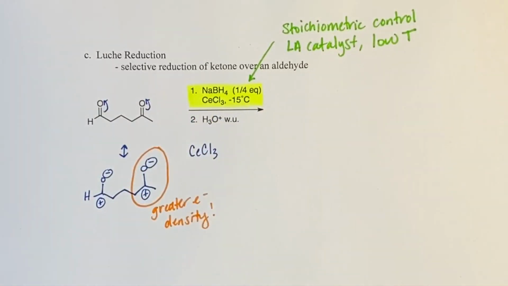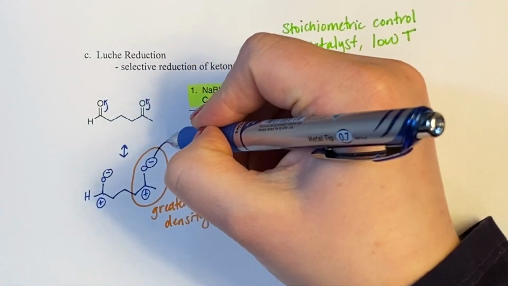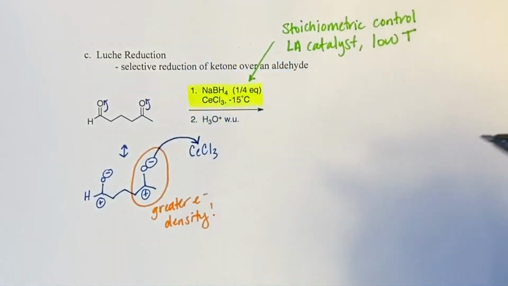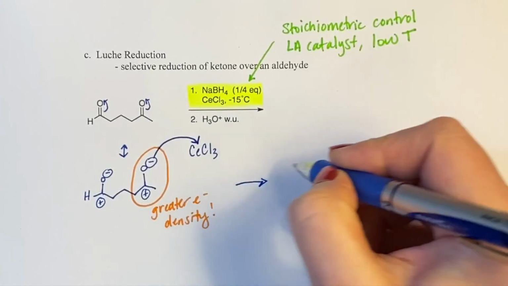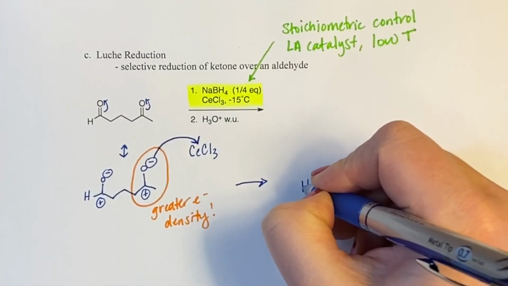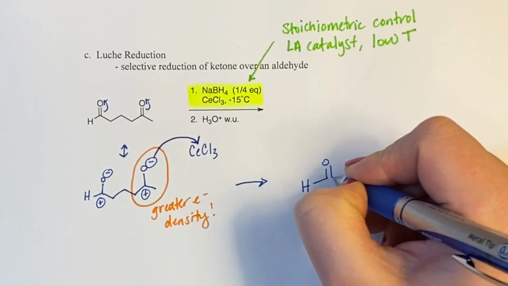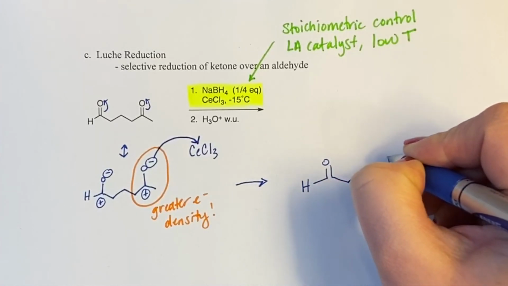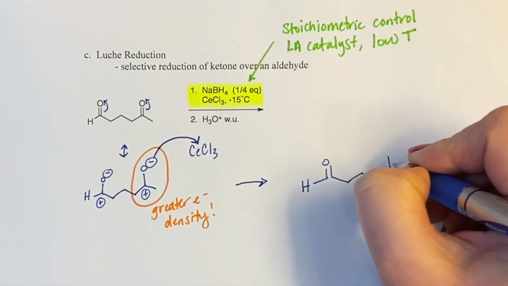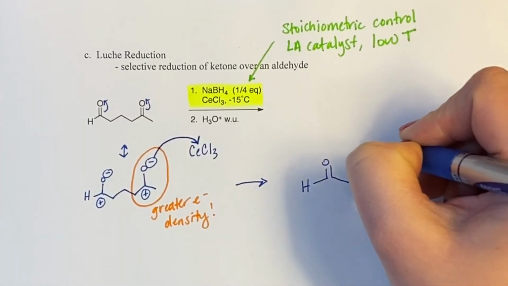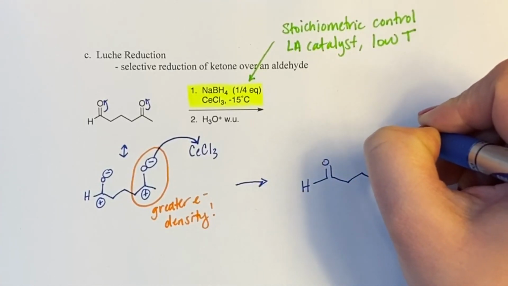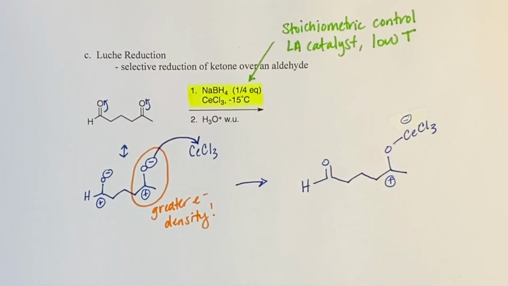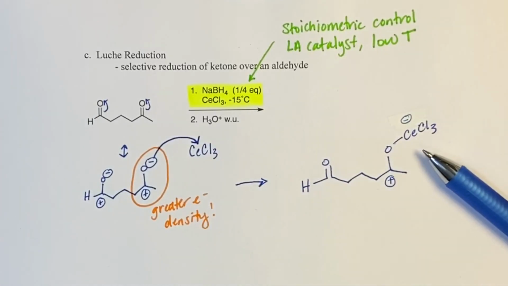That oxygen of the ketone has greater electron density. That means that it's going to donate electron density towards that cerium, and it's going to give me a complex that now looks like this, where I've taken away that negative charge at the oxygen and I've given its electrons to the cerium.